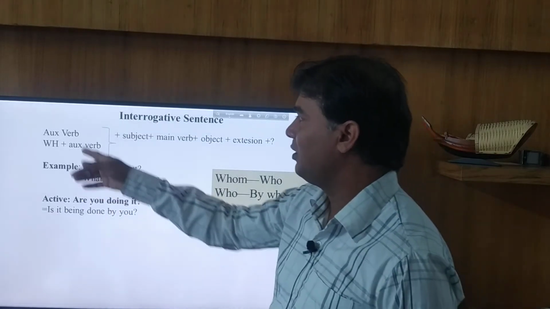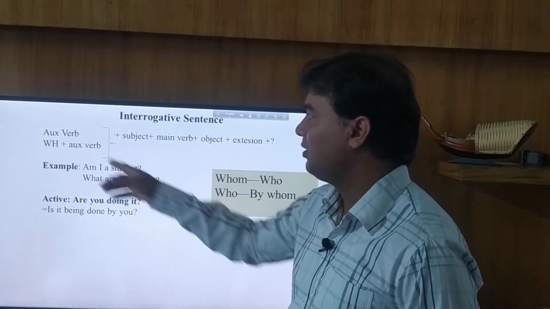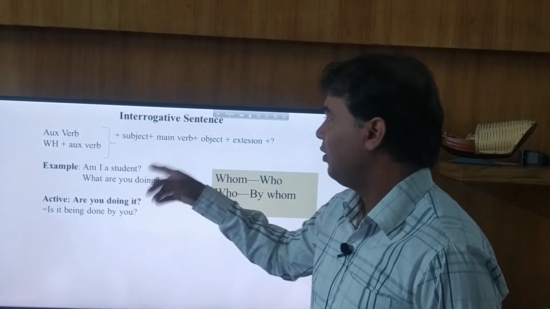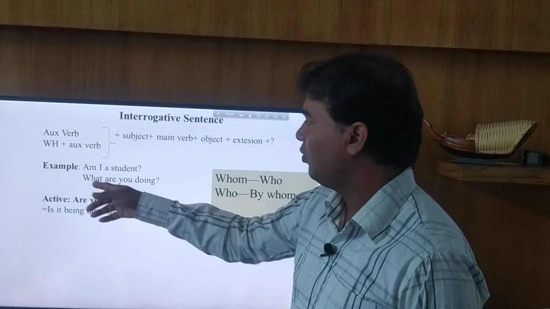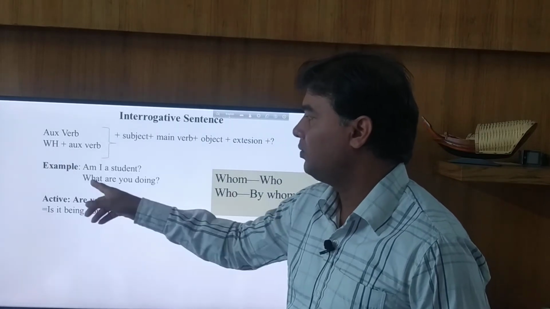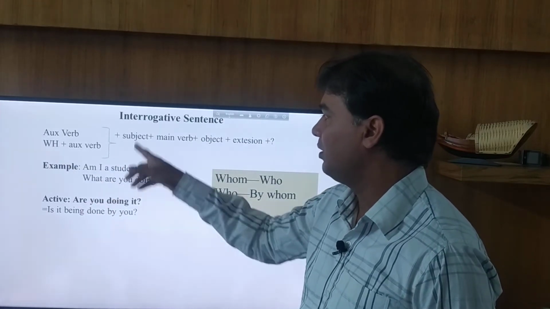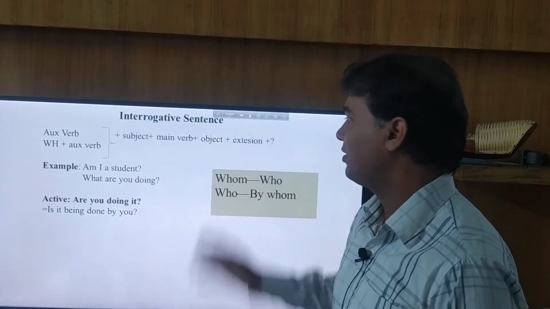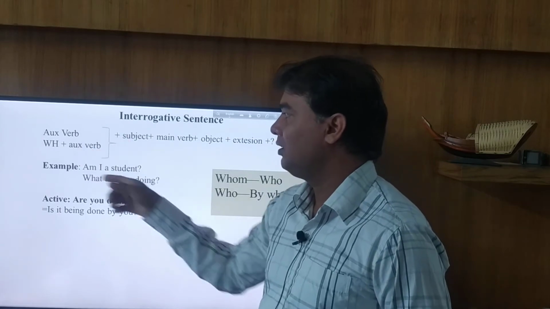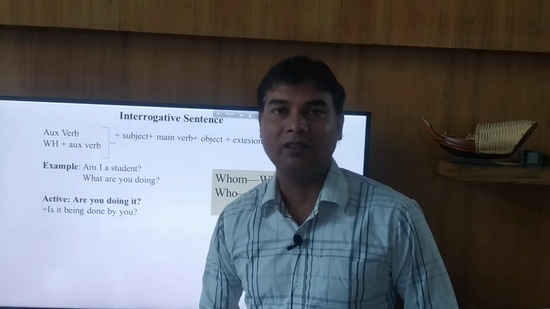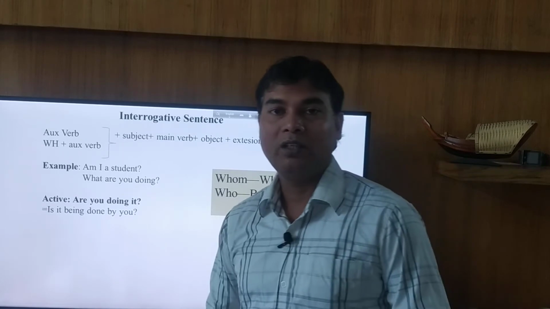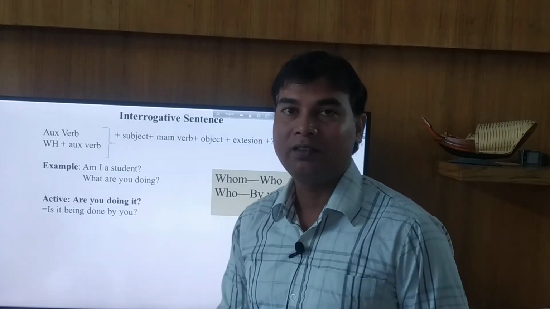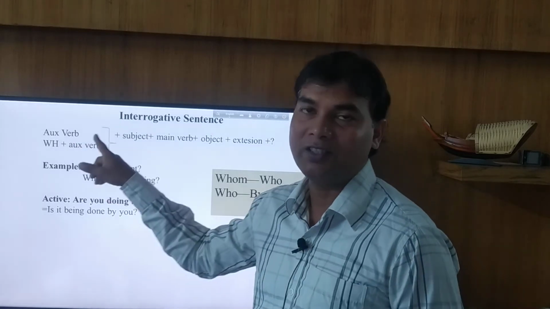For example, am I a student: here auxiliary verb am, then subject, then object or extension. Again, what are you doing: WH word what, then auxiliary verb, then subject, then main verb or extension. So this is the basic structure of an interrogative sentence. When you do voice change of an interrogative sentence, you must remember this structure.